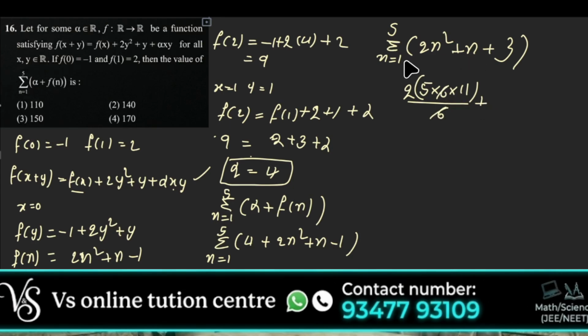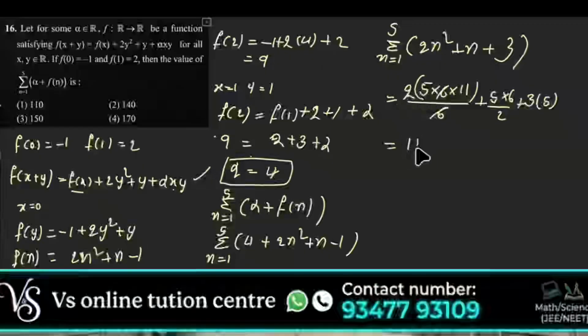Plus the sum of the first 5 numbers, so n into n plus 1 by 2, n means 5 into 6 by 2, plus 3 into the sum of 5 times of 1, 3 into 5. So 2 into 55 is 110, plus 15 plus 15 is equal to 140. The answer is 140.